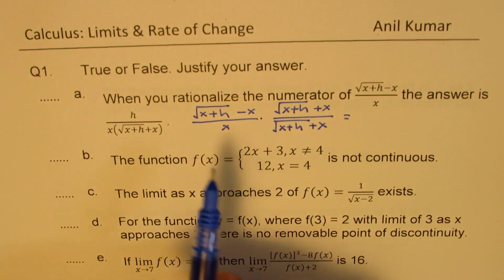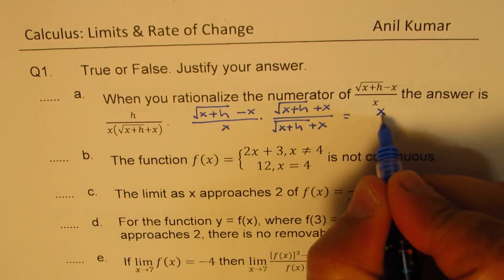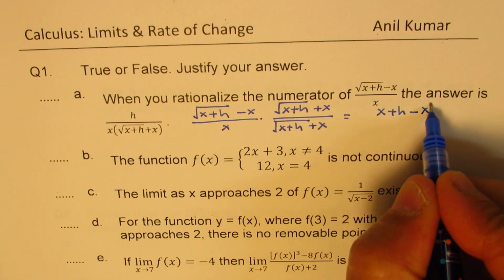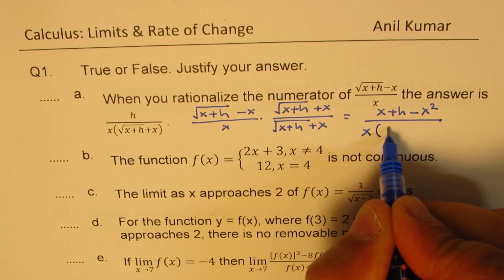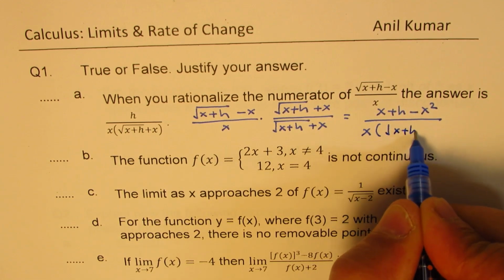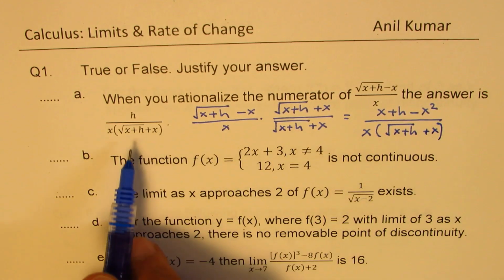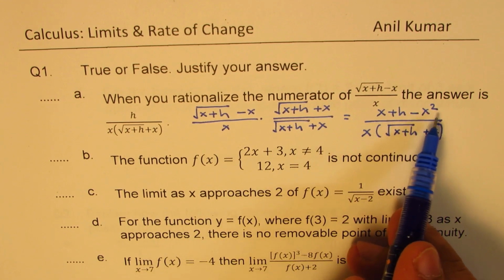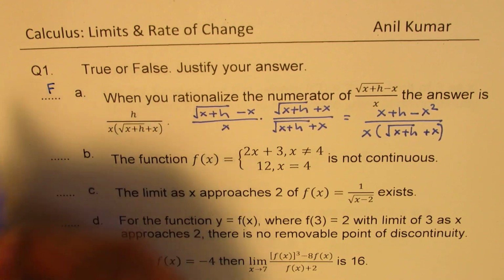Now when you do so, you get difference of squares in the numerator, so you get x plus h minus x in the numerator divided by x times square root of x plus h plus square root of x. Now if you compare, it is not the same. So this statement is false.